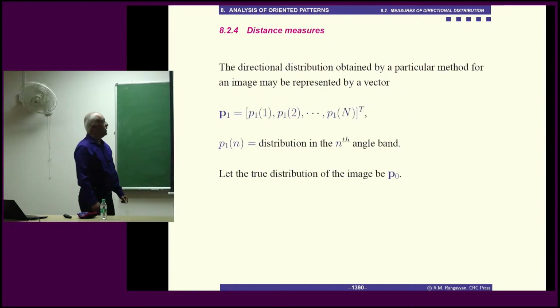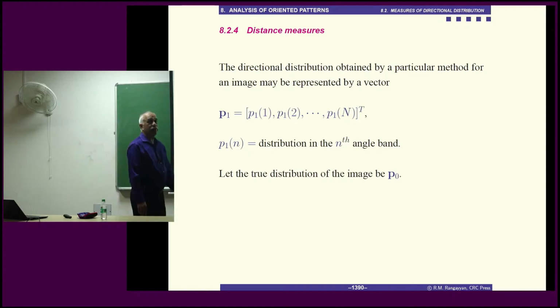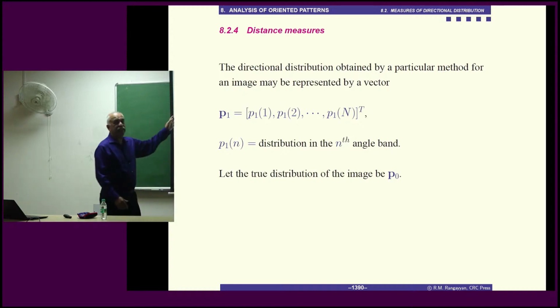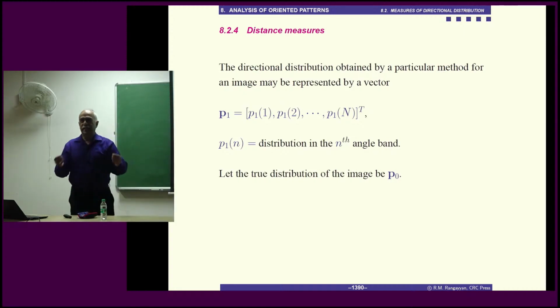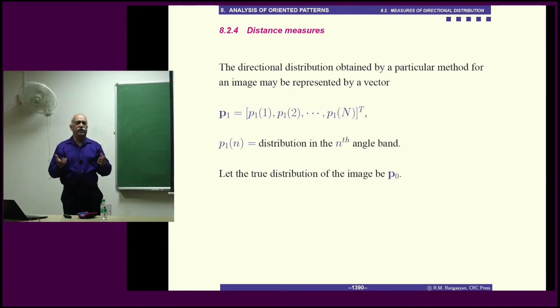Now when you have two distributions, P1 containing P11, P12, up to P1n, then you can see this as a vector also. In the discrete representation, it is simply a series of values. So it's a vector. You can compare one vector with another using distance measures, Euclidean distance or any other distance you like.